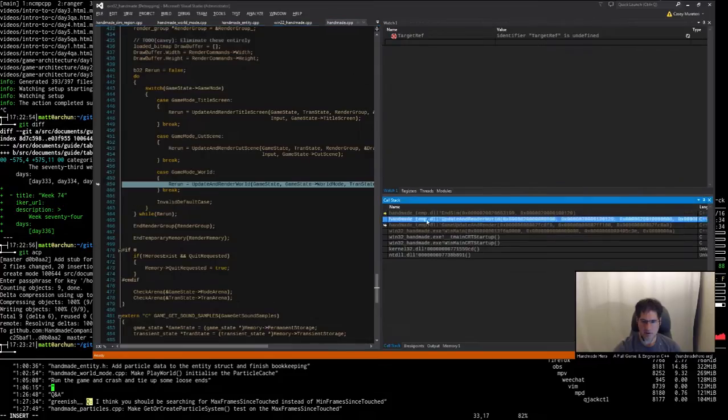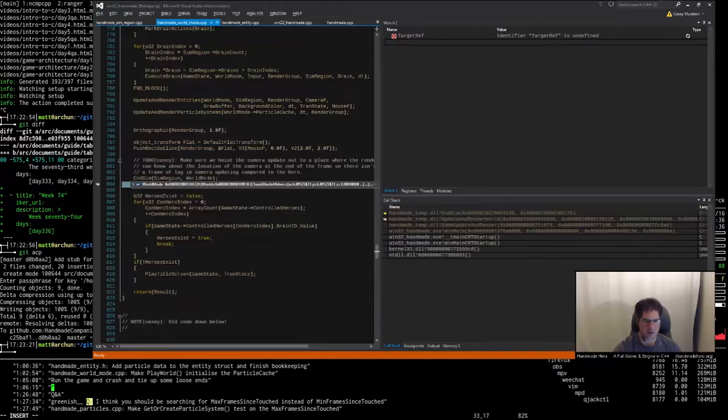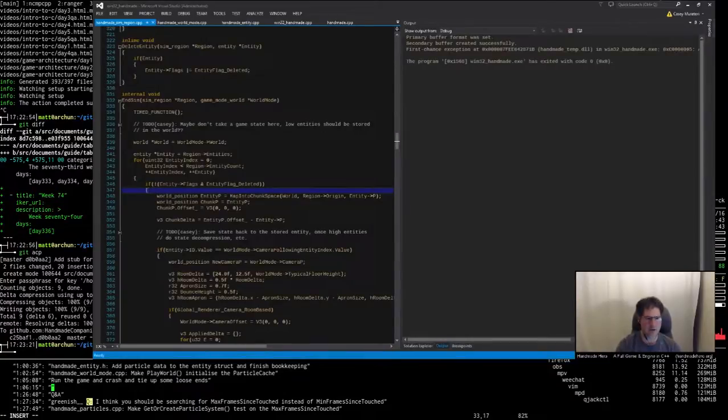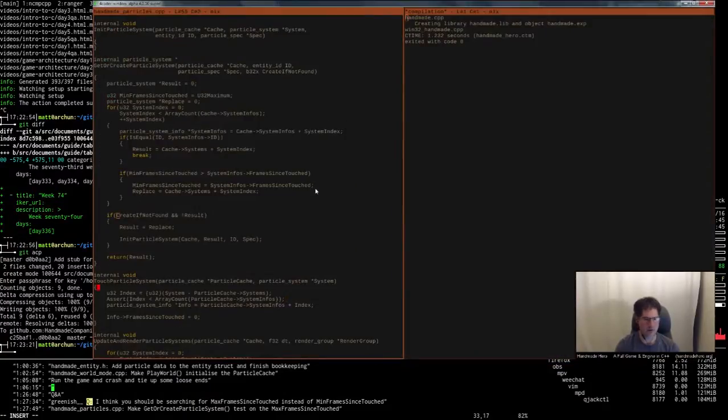Update and render world mode, and sim. So I'm not 100% sure why we should have done anything particularly unusual there.